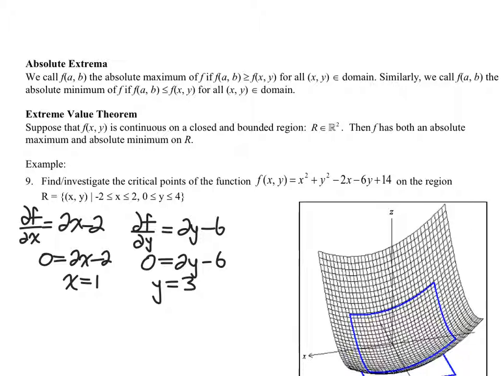Now, this is not a case where you have first order partials that are made up in terms of multiple variables. So our critical value here would be (1, 3).